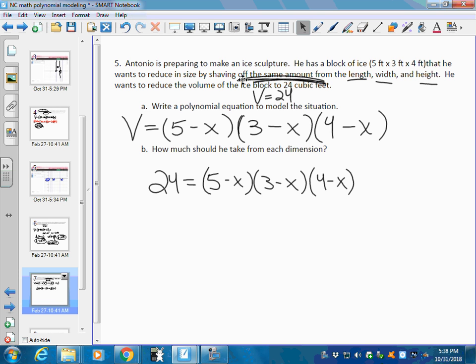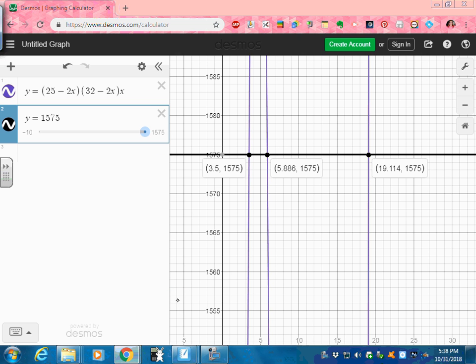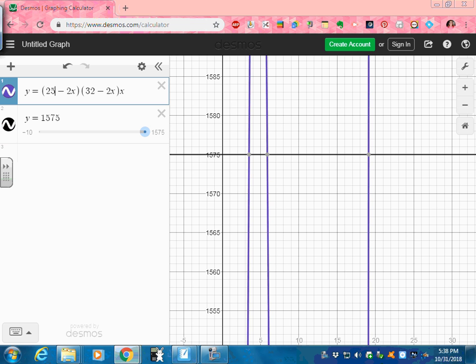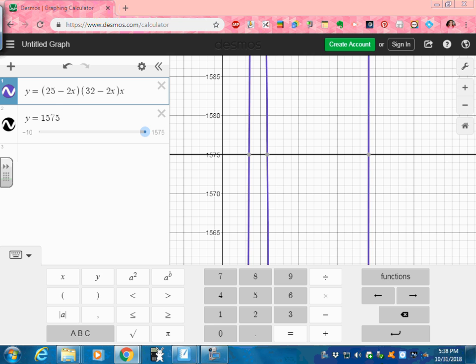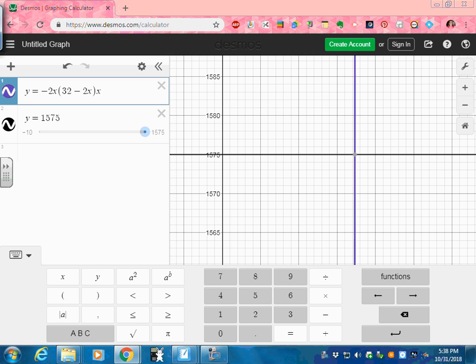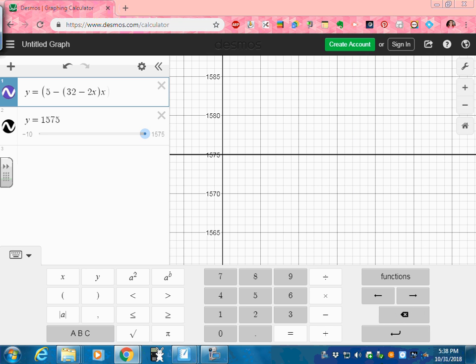so let's go put this in Desmos. All right, so I need 5 minus x. Oops, lost my parentheses. 5 minus x. And then I can take away all of that. Lost my x. Struggle is real.